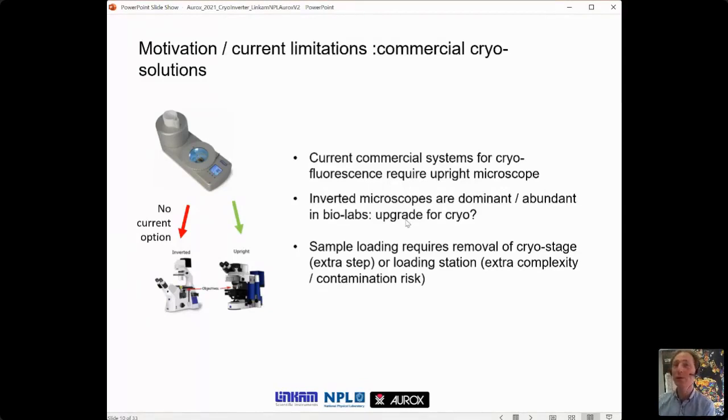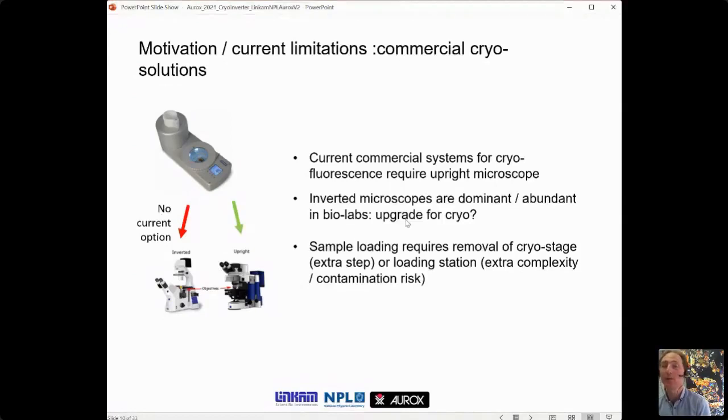There are reasons for that. It's a special chamber design where the chamber is self-cleaning. It creates a constant flow of clean nitrogen gas out of the sample chamber, and therefore avoids contamination. So this design was initially done for an upright system.